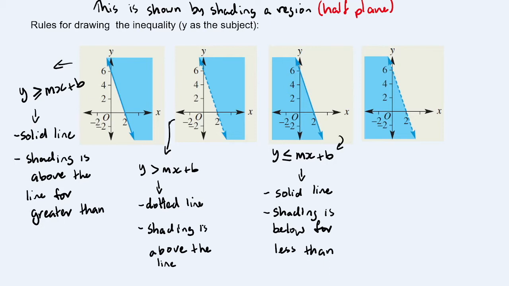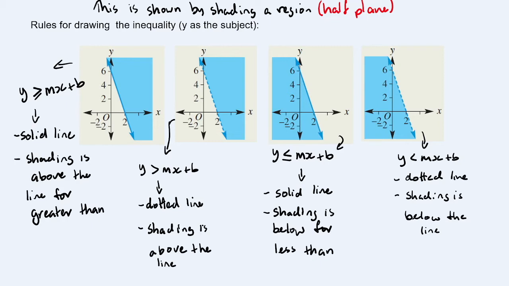And our last inequality, y is less than mx plus b, is indicated by the dotted line, and again the shading is below. So they're the rules. They're essentially what you need to be doing. You can draw up your inequalities just like you would any old equation on the number plane and then go from there.